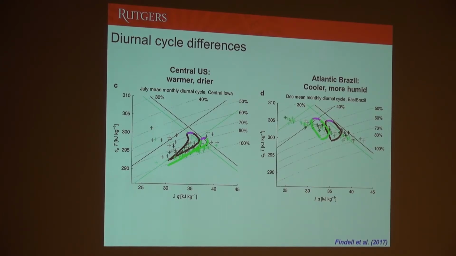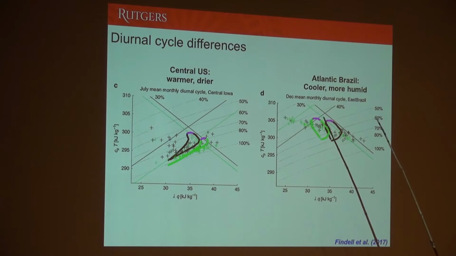We can also see these modifications to the land surface playing out in terms of the daily evolution of temperature and humidity over the land surface. This is basically looking at what we call the diurnal cycle, or the daily progression of temperature and moisture over the land surface. This is from a pixel in the heavily cropped area, I think corresponding to central US, somewhere in Iowa.